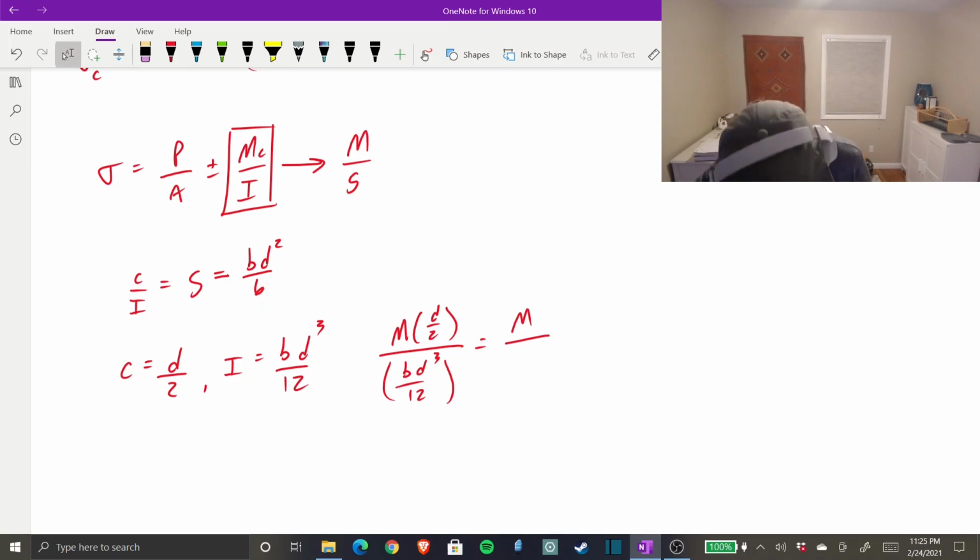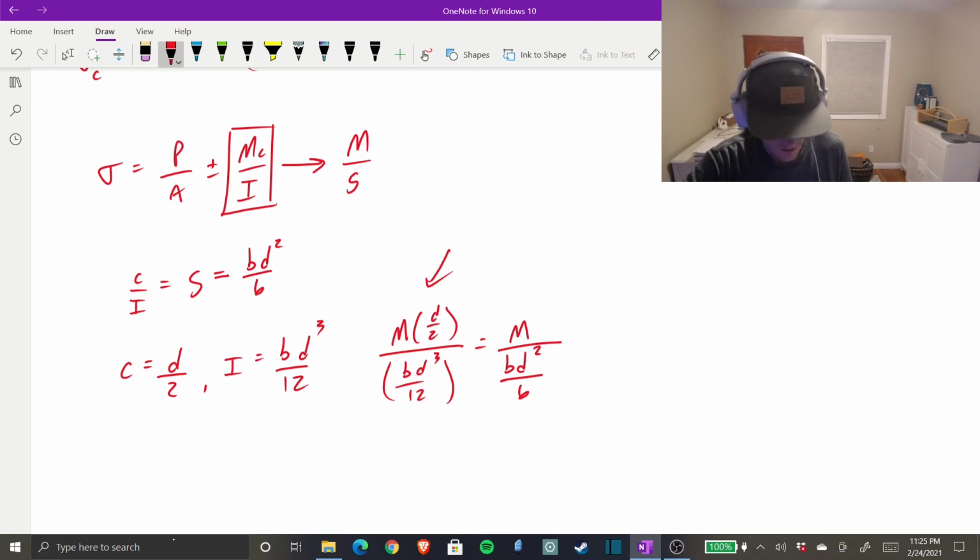So if that's the case, what does this reduce down to? If we reduce this down, we know that it's going to be M over B, one of the D's gets canceled out, so squared, and then it's going to be 12 divided by 2, which is 6. So M over BD squared over 6, that is equal to S.